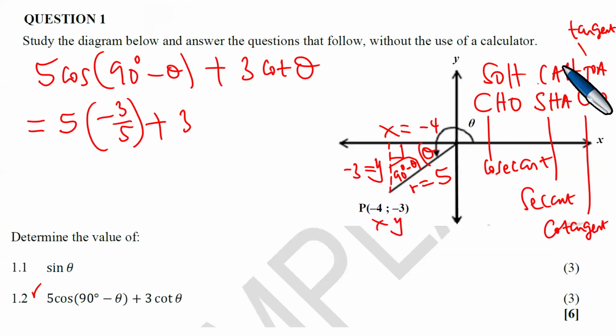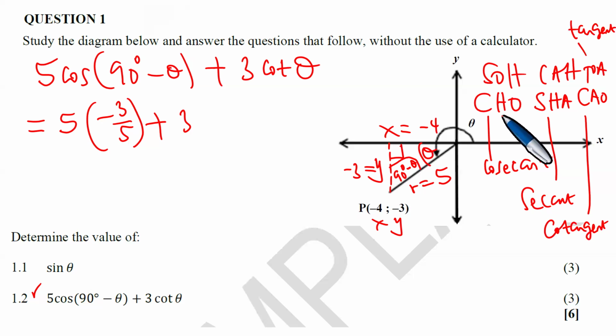This is recorded, so I'm going to make this video available to you so that you can have access to it and watch it at your leisure. But now, if you are dealing with a cot, you write SOHCAHTOA, and below the TOA you write C for cotangent. Then you switch: you put A here.